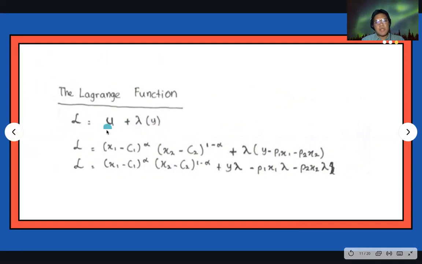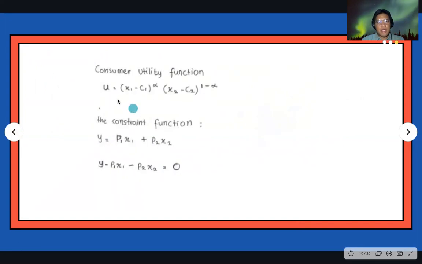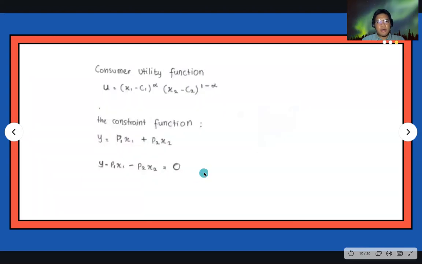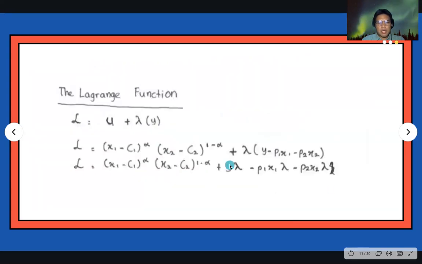This is the utility function, so I substitute it into this, and lambda multiplied by our constraint function. Then you distribute the lambda over the variables of the constraint function.